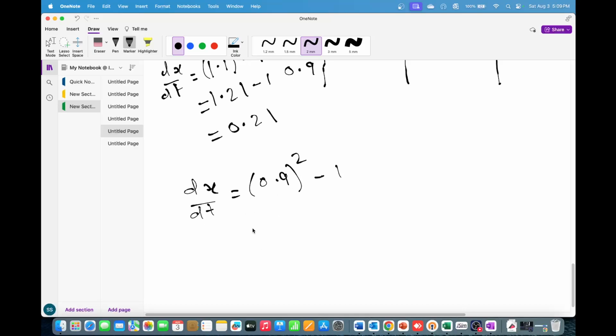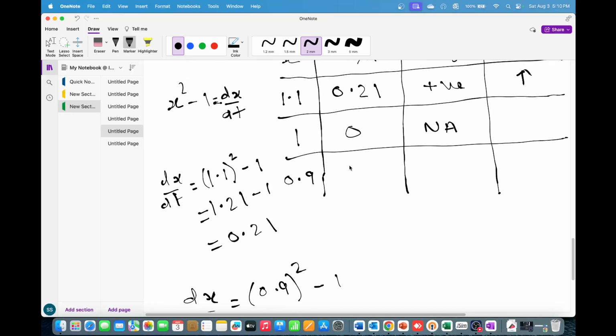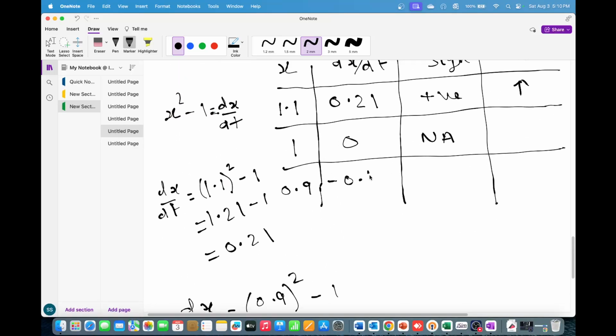So 0.9 whole square is basically 0.81, minus 1 is equal to minus 0.19, which is negative, so the arrow is opposite.